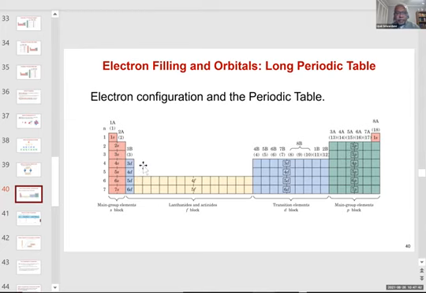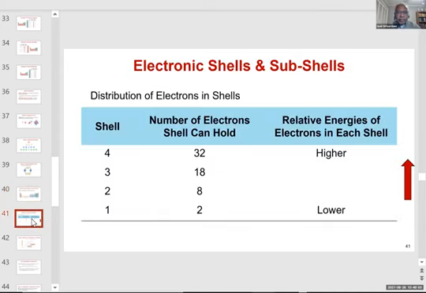The lowest energy shell is shell 1, then shell 2, shell 3, shell 4.